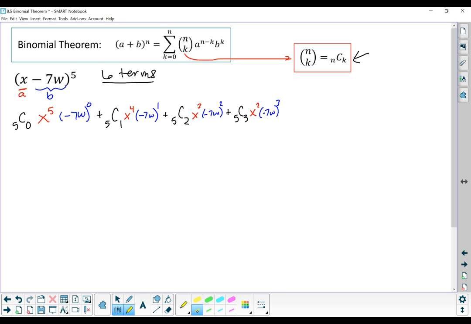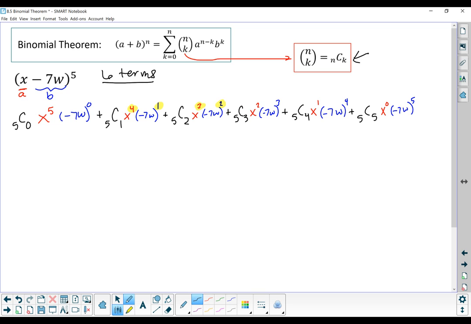And remember, you can always check and make sure that you get that sum of 5 on the powers. Ready for the next term, it's going to have a 5C4 combination. The x's power is now down to 1, while the negative 7w's power is at 4 now. And we are on our last term, 5C5. The x's power has gotten down to 0, and the negative 7w is at a power of 5 now.